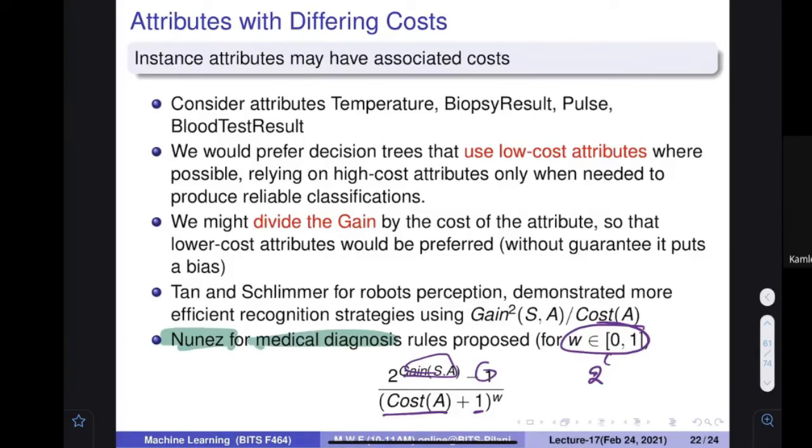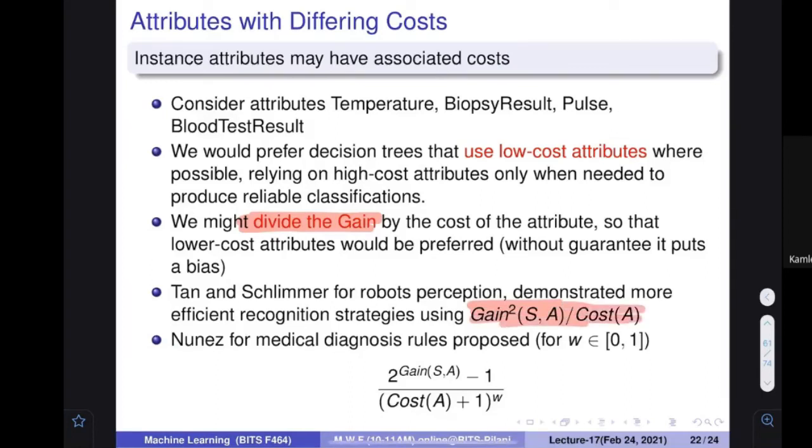As I told you, when different attributes have different kinds of costs, either you can divide the gain by the cost, or you can square the gain and divide by the cost, or you can use 2 to the power gain minus 1 over cost plus 1 to the power w. So different models are there. You have to experiment and find out what is best suited for you. Make sense?